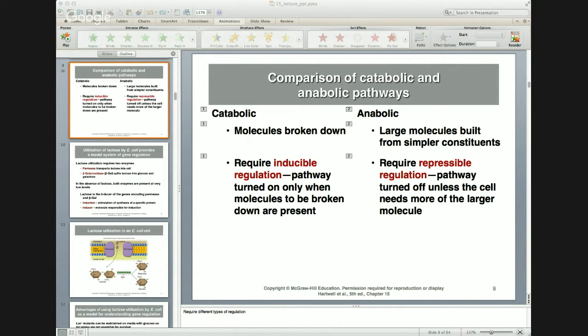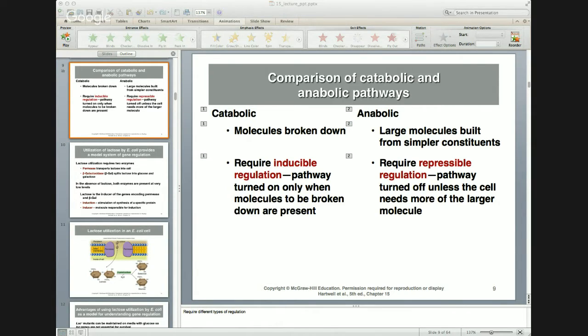The catabolic pathway is where molecules are broken down. So for example, the ability of a cell to utilize glucose, the ability of a cell to utilize lactose, or any sugar you can think of, requires catabolism, breaking down of that sugar or molecule into components that are useful by the cell.